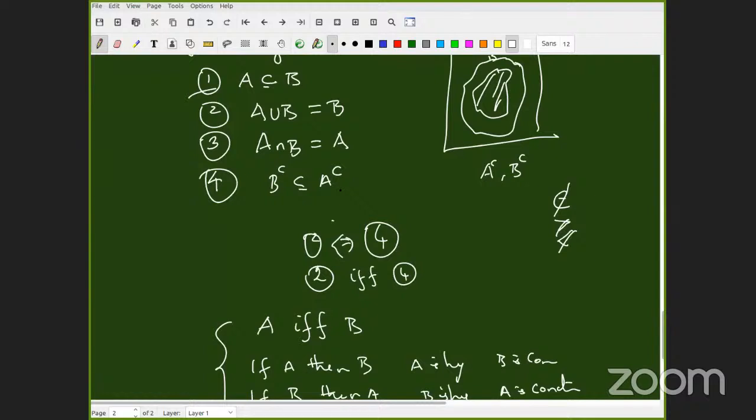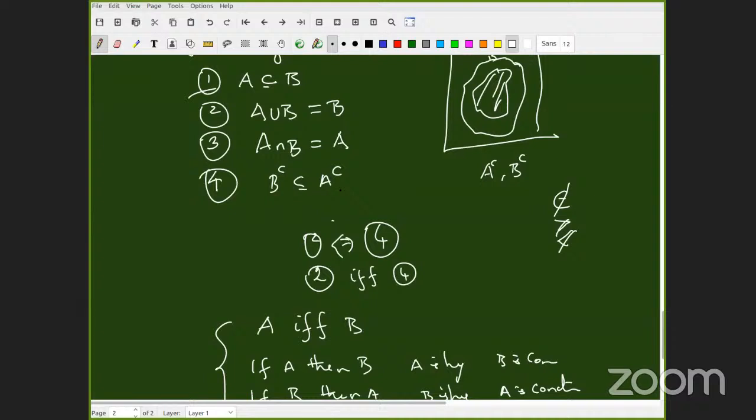So one of you should start. But be ready. I'm giving you 30 seconds. Try quick. So 3 is given nothing. I want to prove B complement is a subset of A complement. Go by definition. That's very easy. Start with x in B complement.